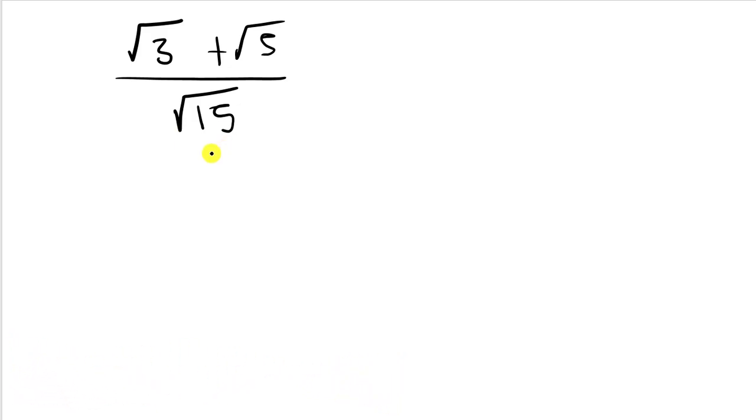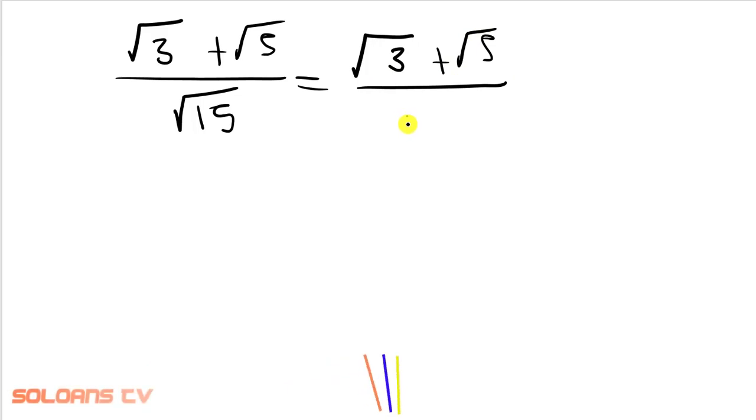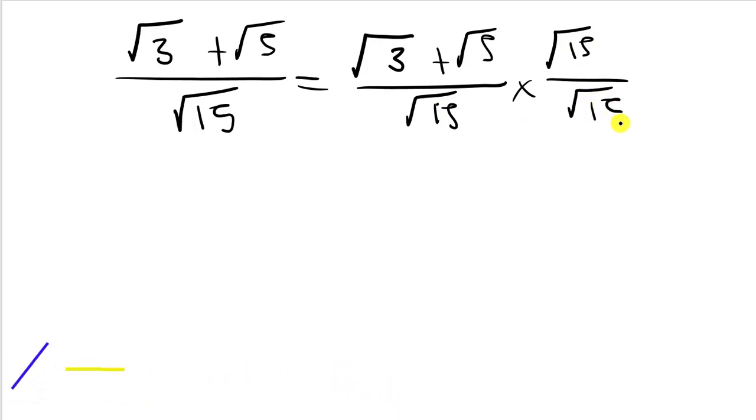Now for this question, all that we have to do is to rationalize what we are having there. So we are going to have (square root of 3 plus square root of 5) all over square root of 15, times square root of 15 over square root of 15. Okay. So now we have two fractions. Let's simplify that.